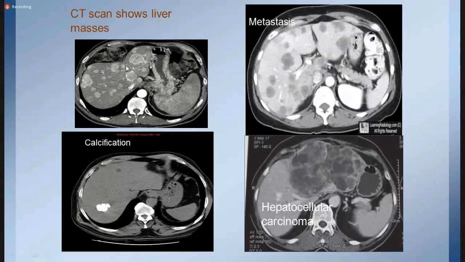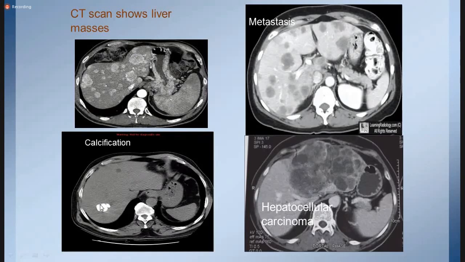These hyper-enhancing liver lesions are seen in cases of chronic liver disease with multicentric hepatoma or any hypervascular metastasis like carcinoid or renal cell carcinoma. And these hypodense lesions are usually from ovarian or other gastrointestinal malignancy.